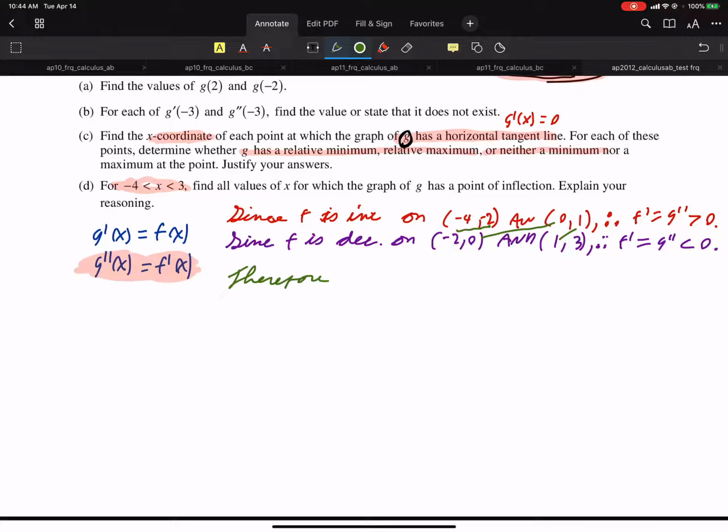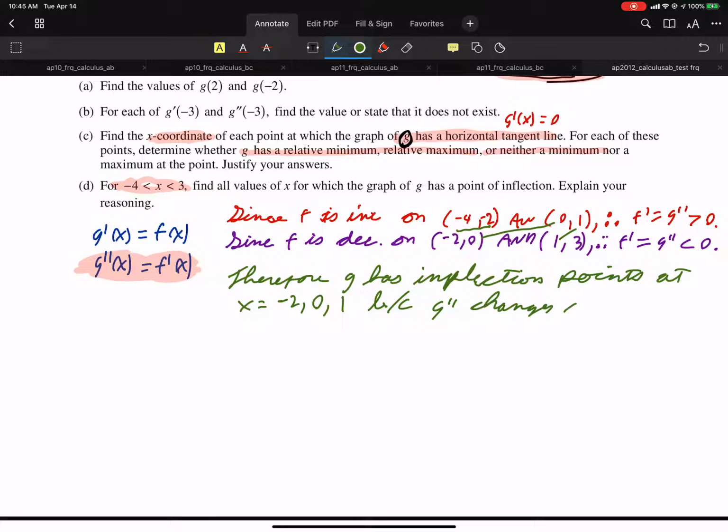Therefore, G has inflection points at x equal -2, 0, and 1 because G double prime changes signs at those points.